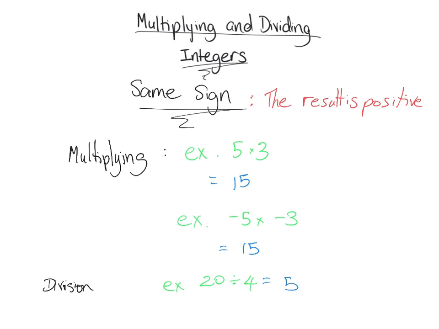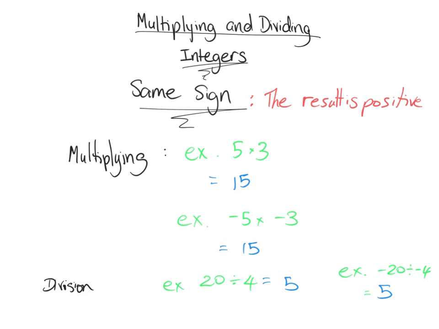And if we had -20 divided by -4, same sign, the answer is still going to be 5. As long as you're dealing with multiplication and division and the same signs, your result will always be positive.